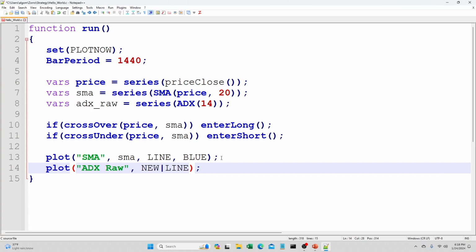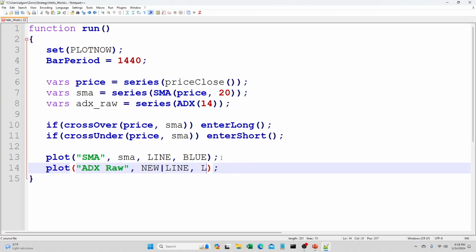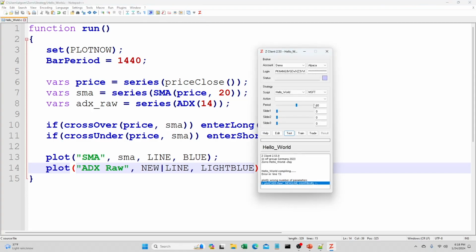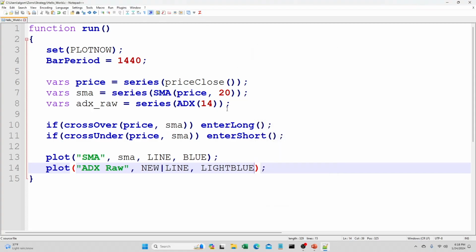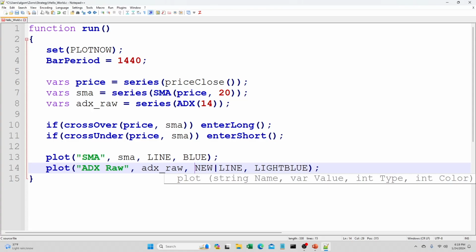Make it a line and make it light blue. Okay, so let's run this. Of course, I forgot to tell the plot function what to plot, and that is ADX raw. Sorry about that.